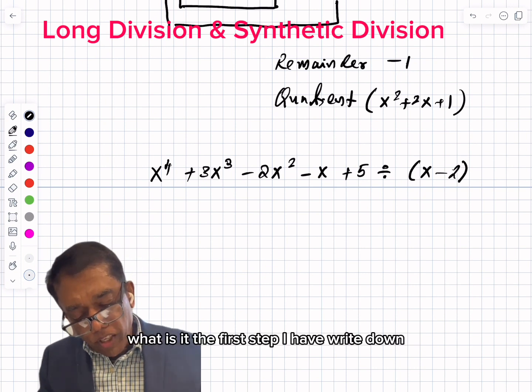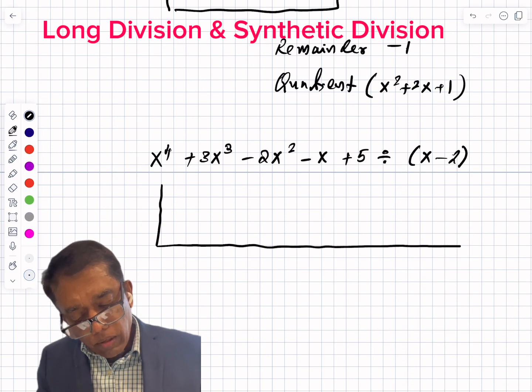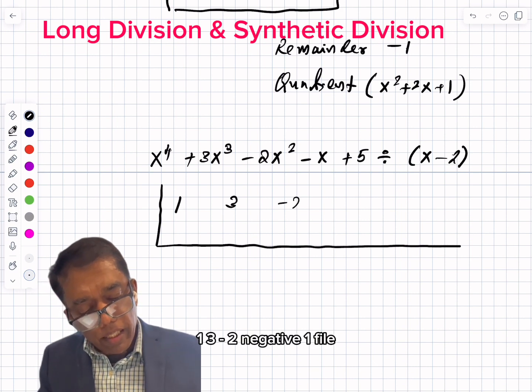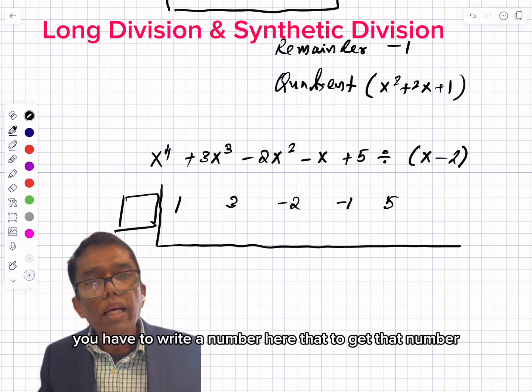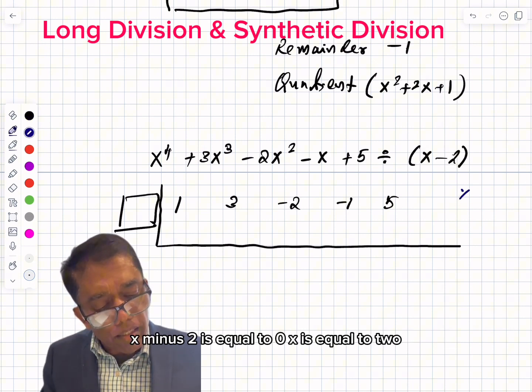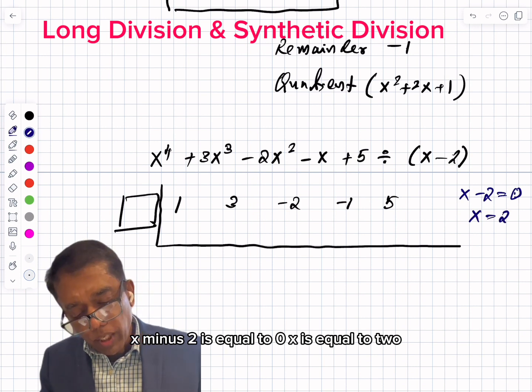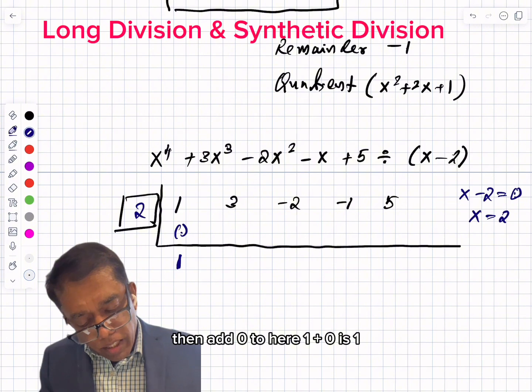The first step is to write down 1, 3, -2, -1, 5. You have to write a number here: x - 2 is equal to 0, so x is equal to 2. Then add 0 to here, 1 plus 0 is 1.